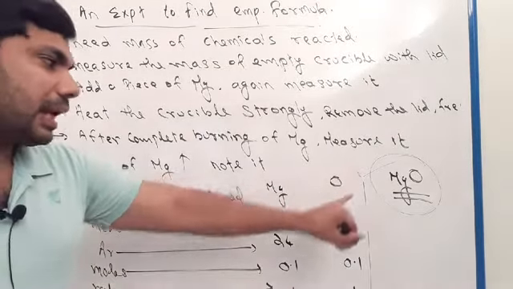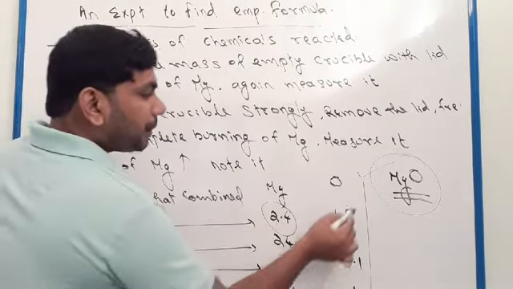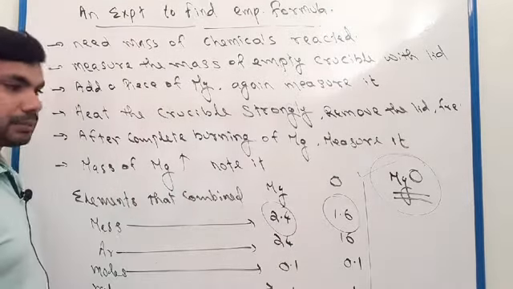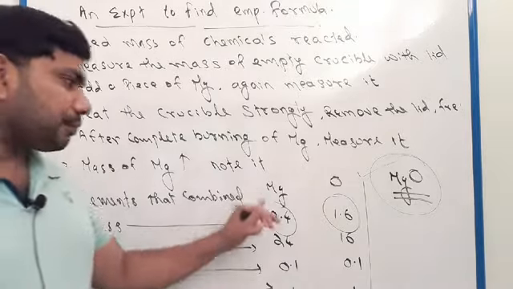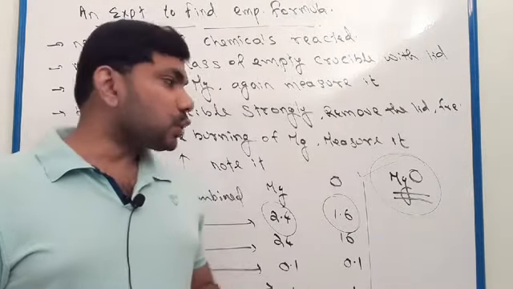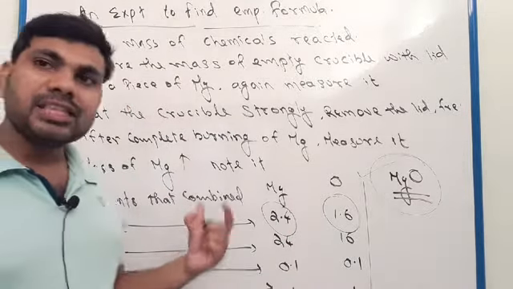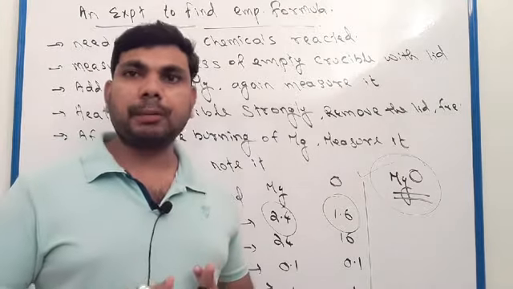To find this empirical formula we need the mass of magnesium and the mass of oxygen reacted. We can find these masses with the help of an experiment.